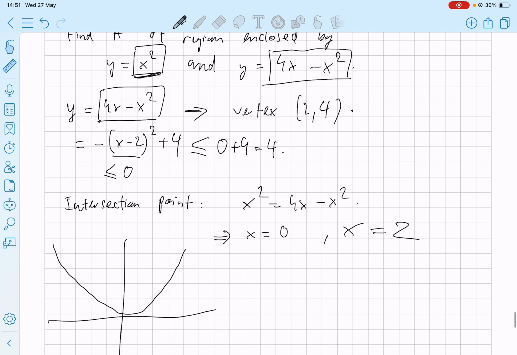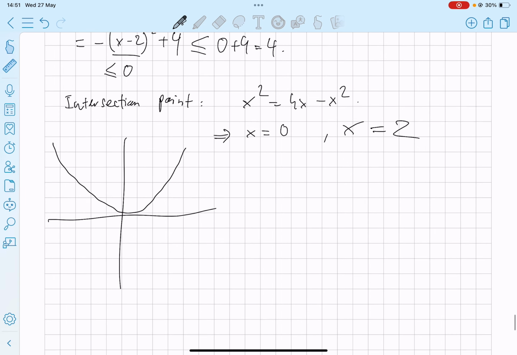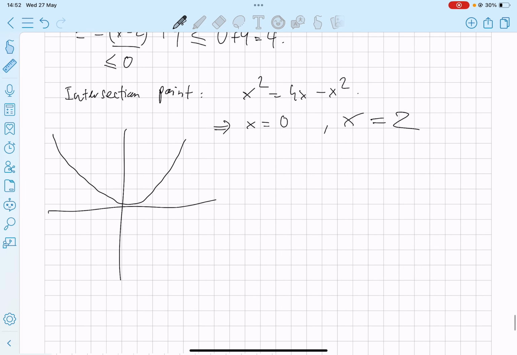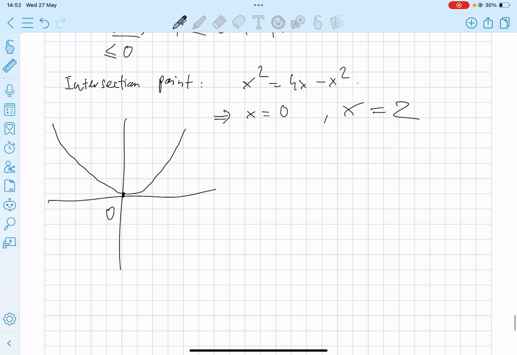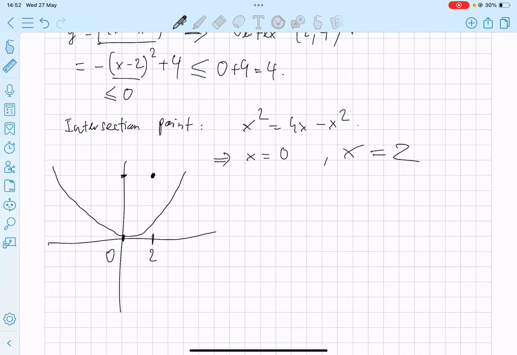And for this one you will find the location of the vertex first. So this is 0, and the vertex is (2, 4), so we will estimate it over here, 2 and then 4 over here. So this is the vertex, and the intersection points are 0 and 2, so we can graph it and it will look something like this.